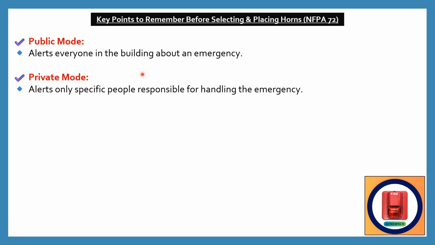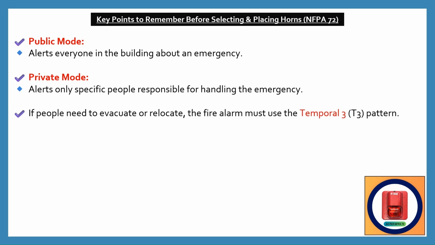What exactly the difference is and how the dBA rating will be impacted, we will understand in the next slide. For evacuation or relocation, if people need to evacuate or relocate, the fire alarm horns or audible device must use the temporal 3 pattern.